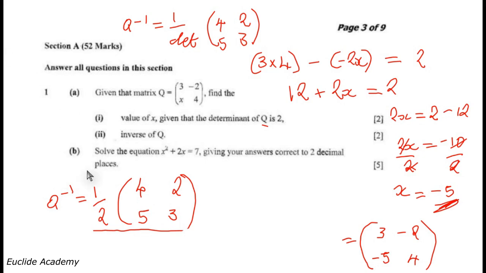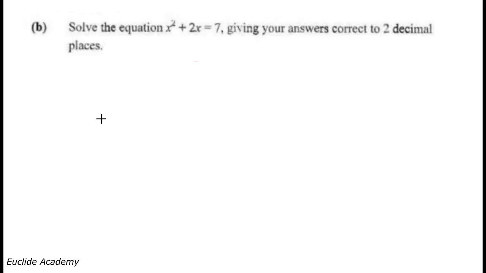Now let us jump to question 1b, which says: solve the equation x squared plus 2x is equal to 7, giving your answers correct to 2 decimal places. So we're just going to have this on the next page, and then we solve this equation.